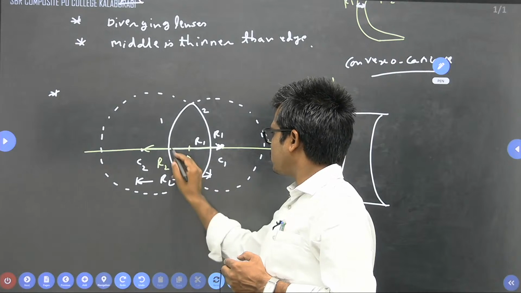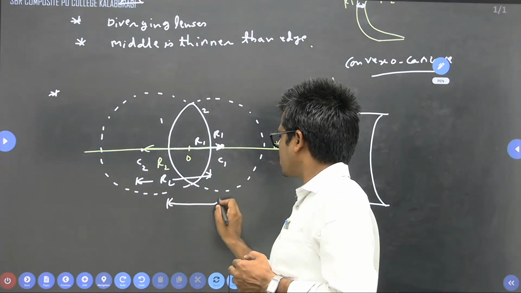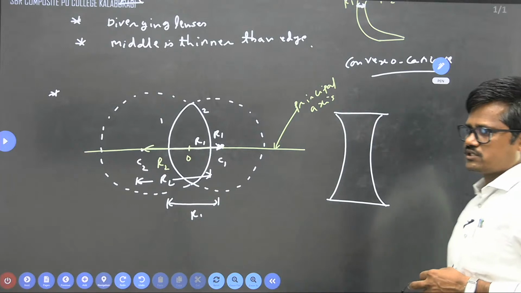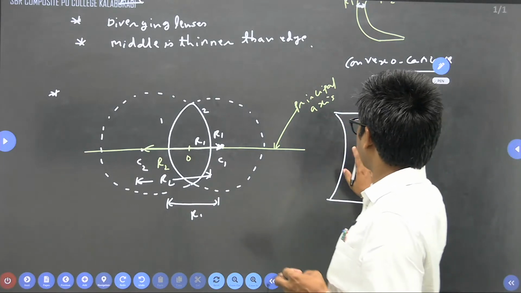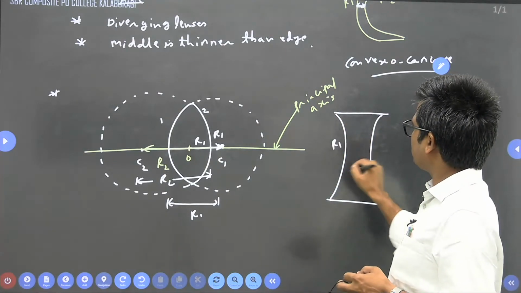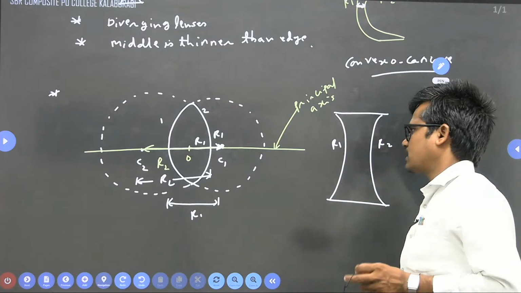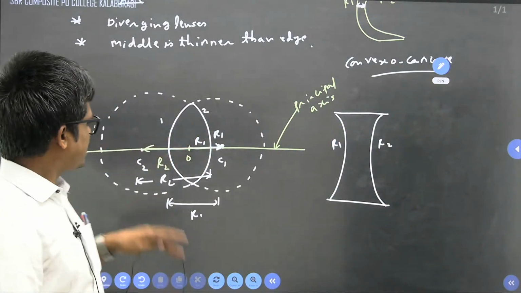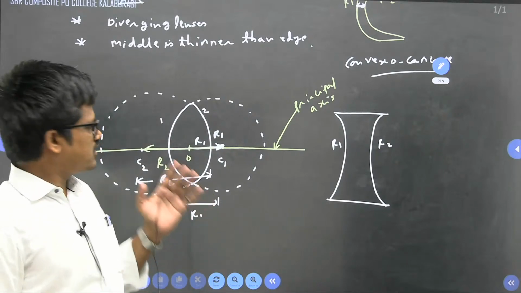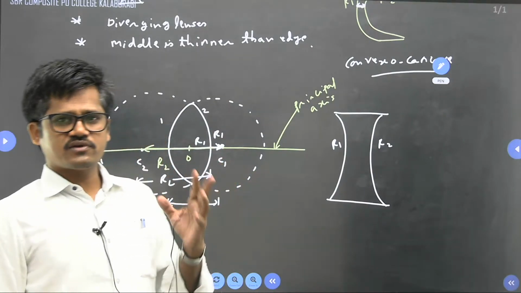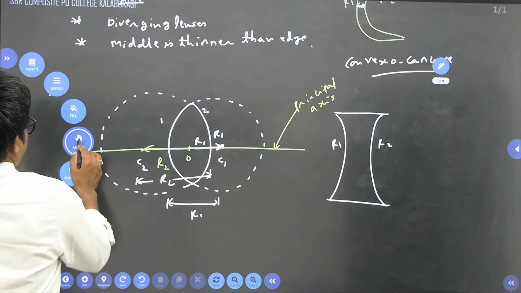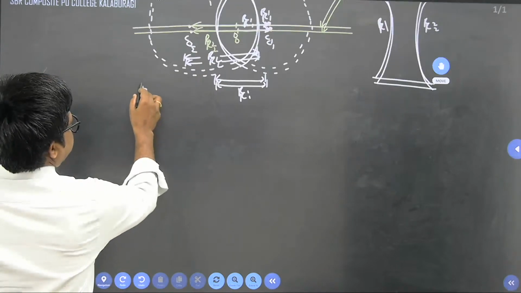There are two radii of curvature, and in the same way here also. It has one radius of curvature, and it has another. So two centers of curvature, two radii of curvature, because two curved surfaces are there. Is it right? Okay, now let me move on.